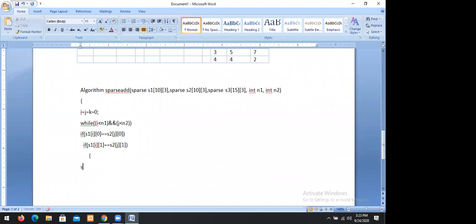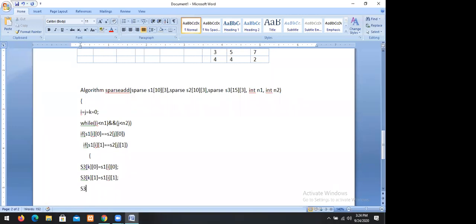S3 of k 0th column equal to S1 of i 0th column. S3 of k first column equal to S1 of i first column.